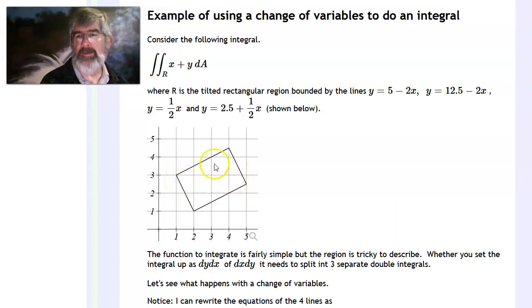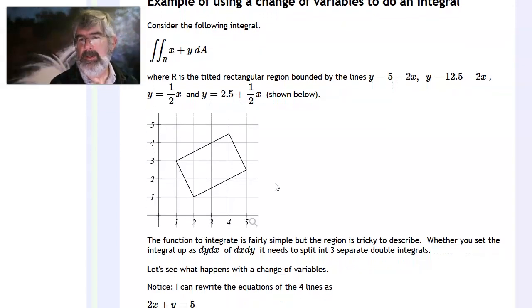And then at 3, it switches again because the left hand limit on that x integral changes to this curve then. So either way, you'd have to split that up into 3 separate integrals because the bounding functions are changing. So what I'm going to do is a substitution to see if I can get over that. And in fact, I can.